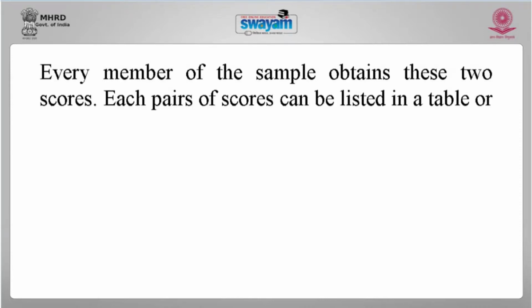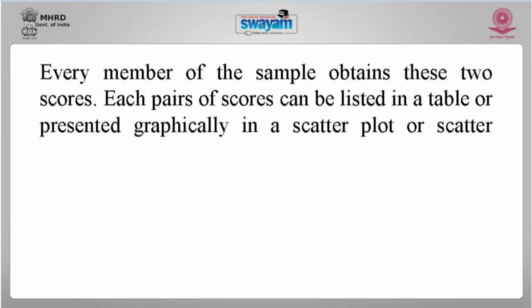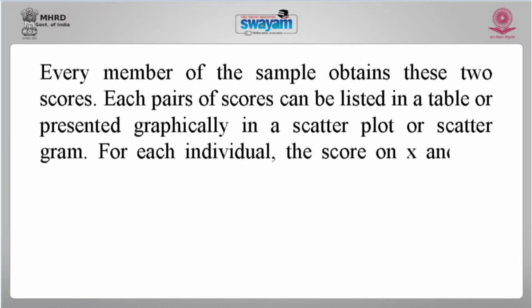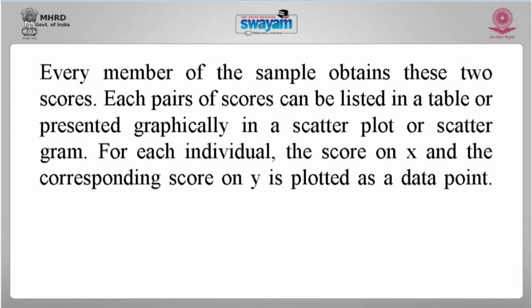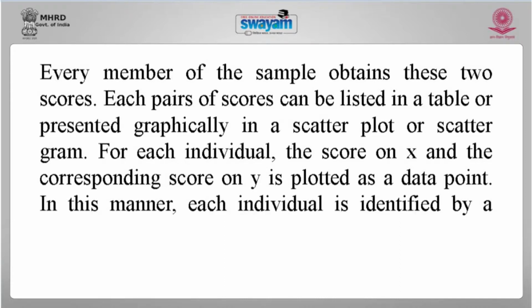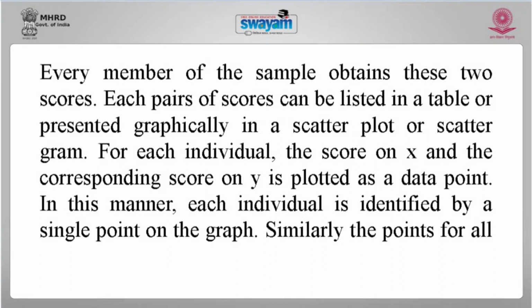Each pair of scores can be listed in a table or presented graphically in a scatter plot or scattergram. For each individual, the score on X and the corresponding score on Y is plotted as a data point. In this manner, each individual is identified by a single point on the graph.